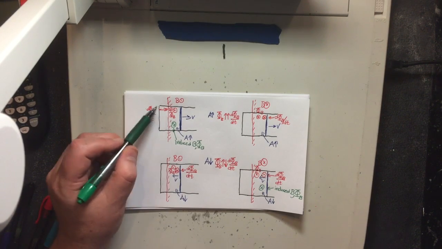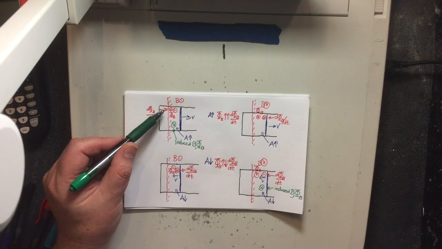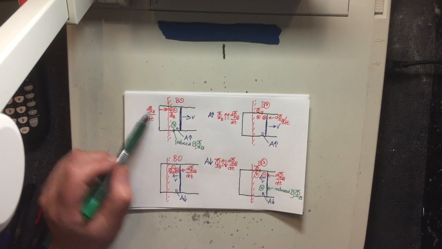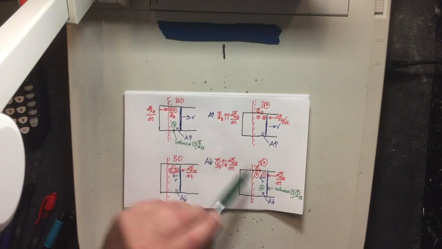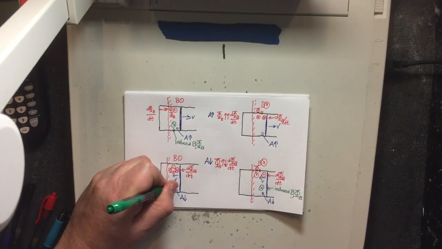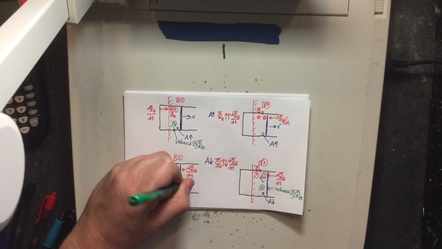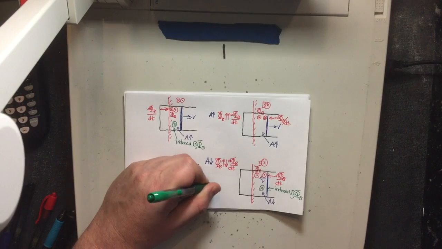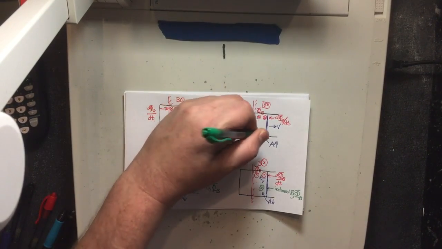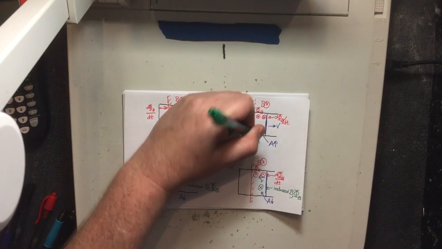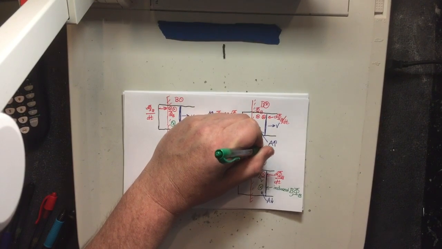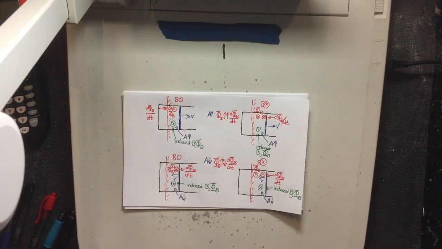So in this case, d phi B dt is out, so the induced has to be in. For here, the induced goes out.